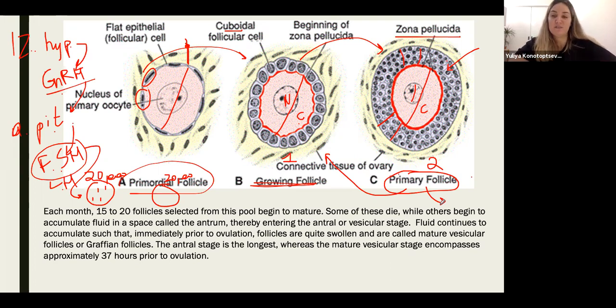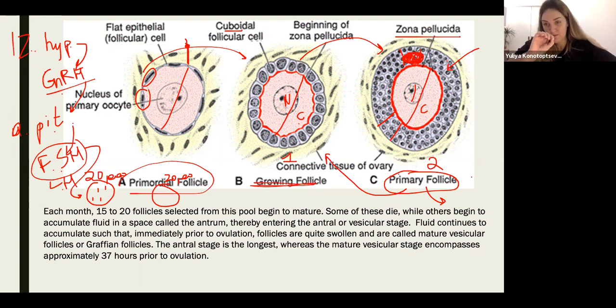What is the difference between primary and secondary follicle? Granulosa cells separate to form a little tiny cavity, a little tiny antrum. If you see a little tiny cavity here, this is a secondary follicle. If you don't see a cavity in the granulosa cells, this is a primary follicle.